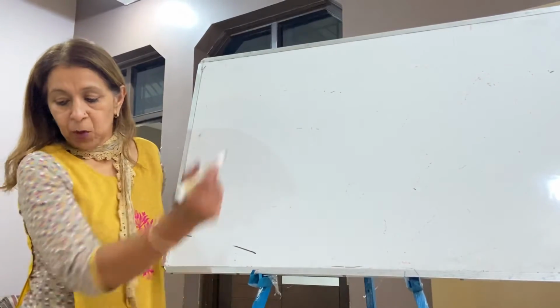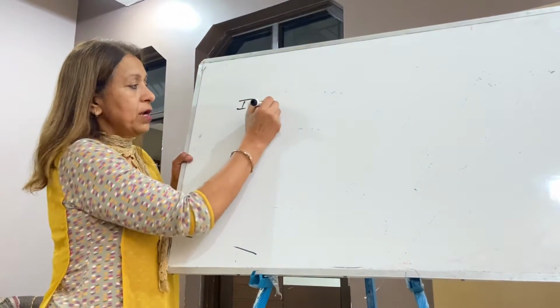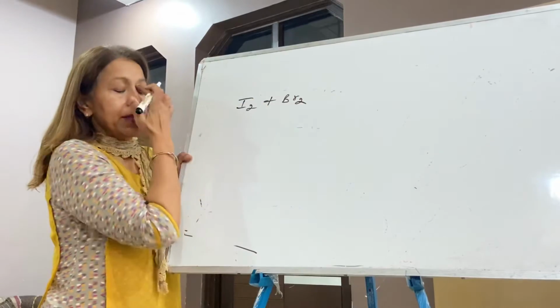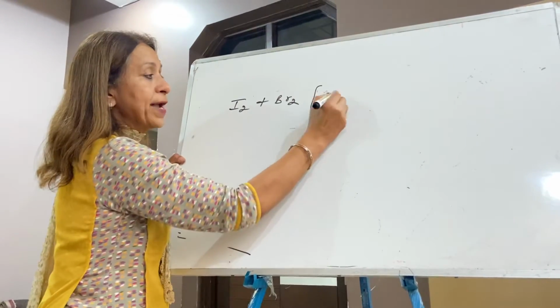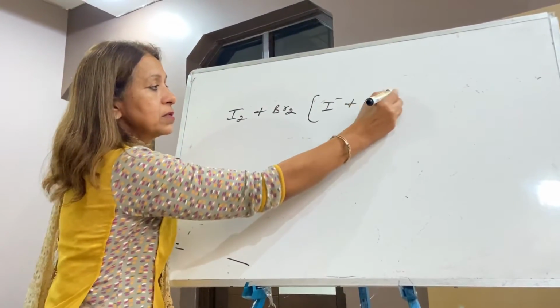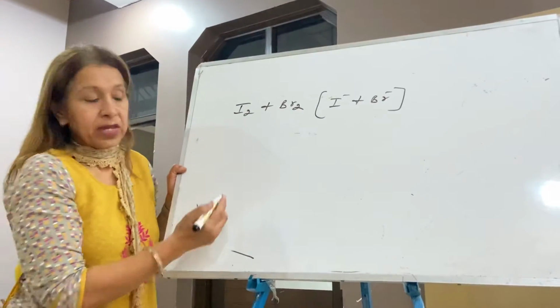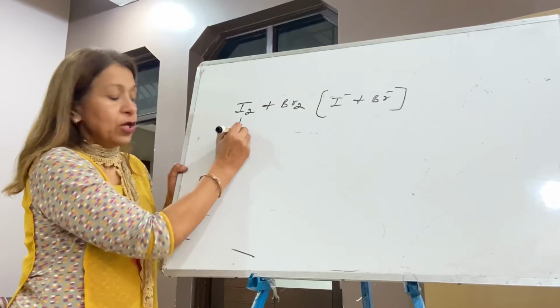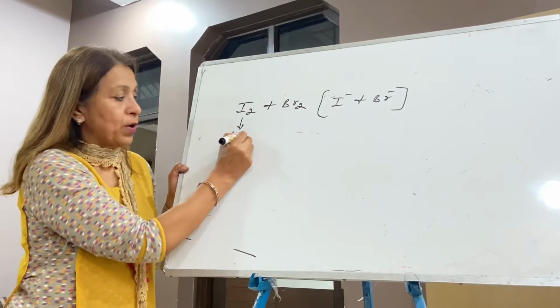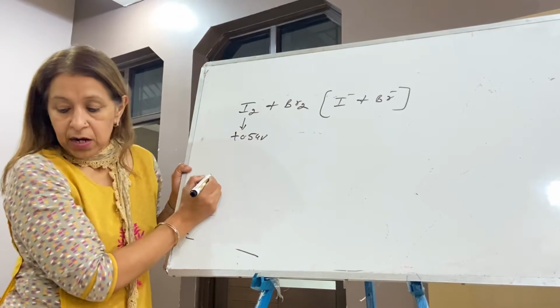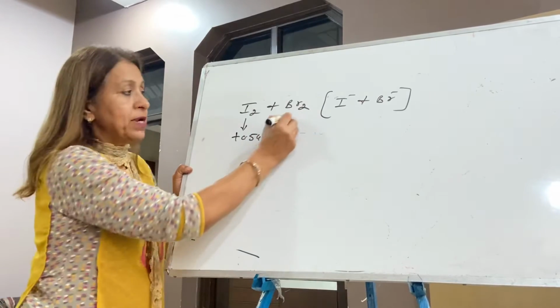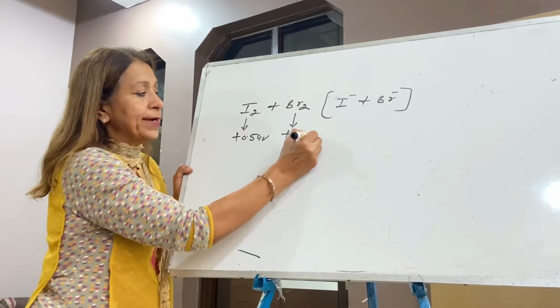Iodine and bromine are placed in the solutions of I minus and Br minus. Their E naughts are given. E naught of iodine is plus 0.54 volt and E naught of bromine is plus 1.08 volt.